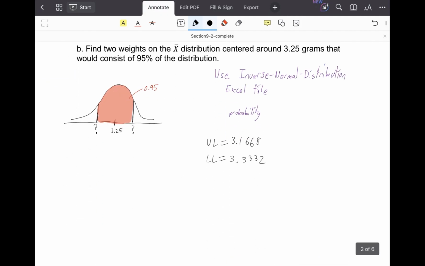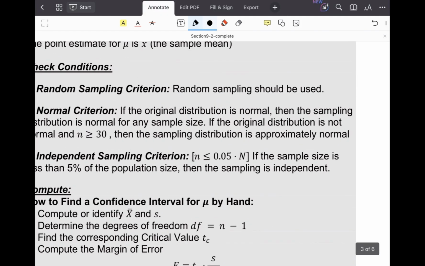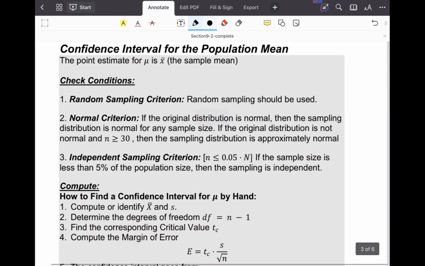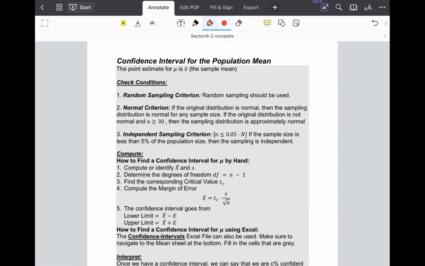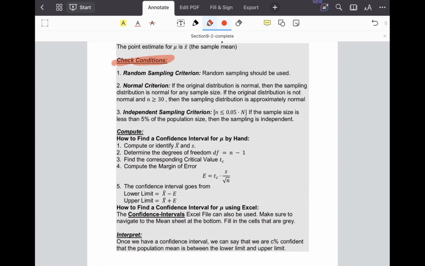Okay, so for the mean, there's a set of instructions that I have here. And just like for the proportion, we have three parts: the conditions, the computing, and then interpreting. And conditions are similar. The normal criterion is different though. So you have to be careful with that.